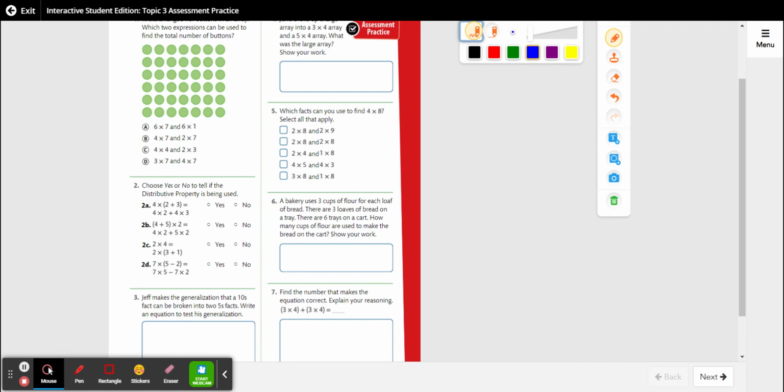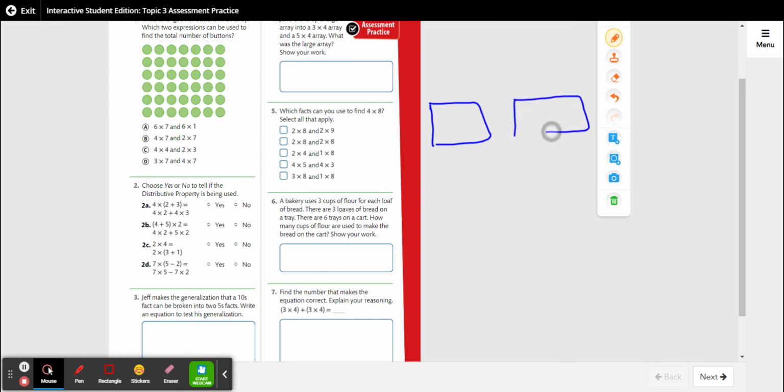Okay, so here's my loaf of bread. Or my loaves of bread. Wait a second, wait a second. This is a square and it doesn't look like a loaf of bread at all. So let me just redraw that one. Okay, that's better. And they're a little bit closer in size.